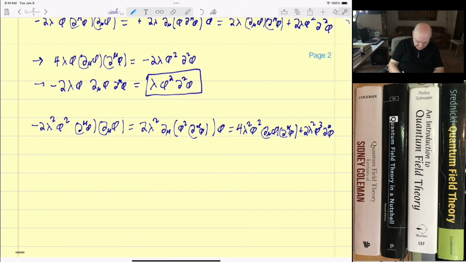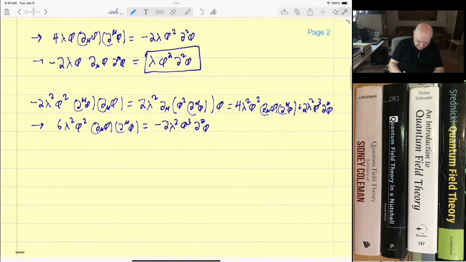So this implies that 6 lambda squared phi squared partial mu phi is equal to minus 2 lambda squared phi cubed partial squared phi.